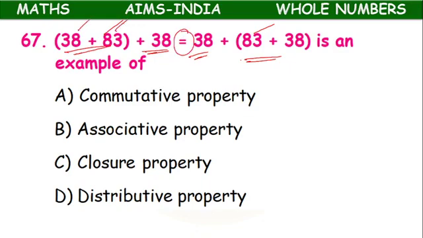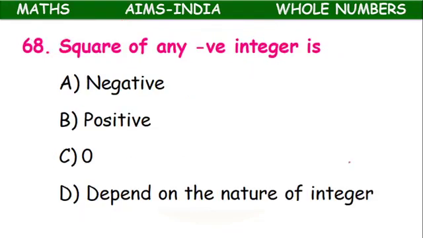Here 3 numbers are there, so 3 numbers can be added in any way. Under addition, this property is called associative. If we have 2 numbers, it is called commutative, but we have 3 numbers, so that's why it is called associative property.